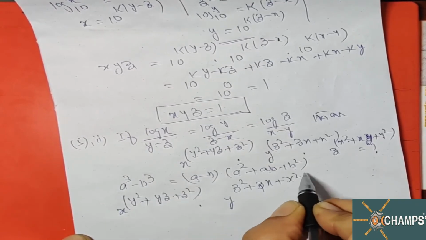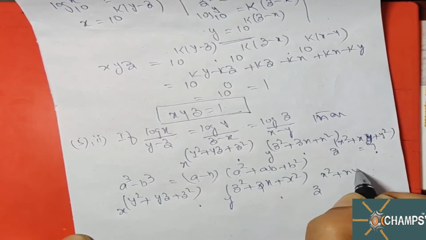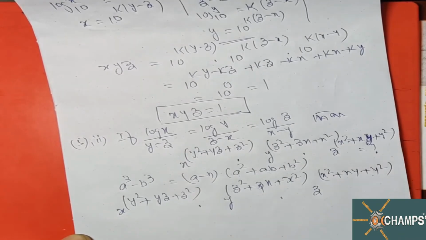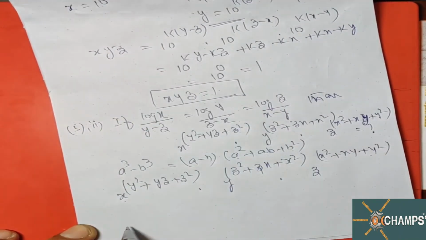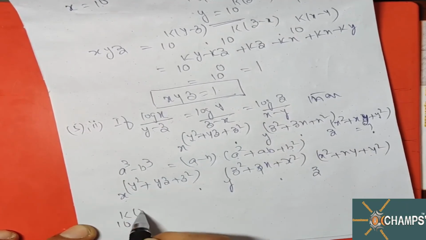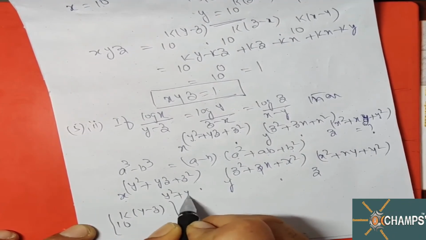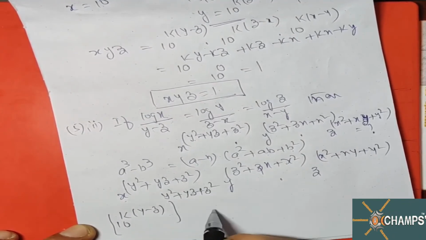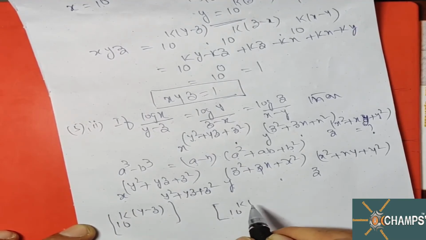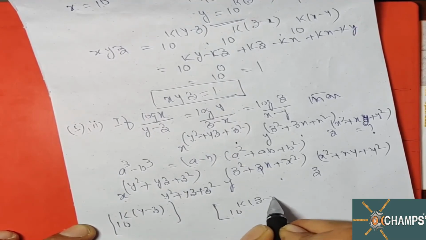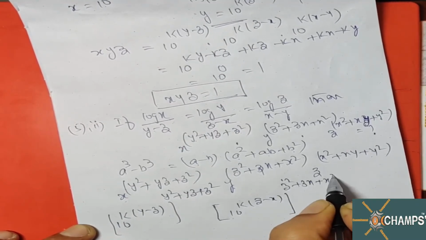Consider x to the power y square plus yz plus z square, into y to the power z square plus zx plus x square, into z to the power x square plus xy plus y square. Now sir, I can replace x with 10 to the power of k into y minus z whole to the power y square plus yz plus z square.